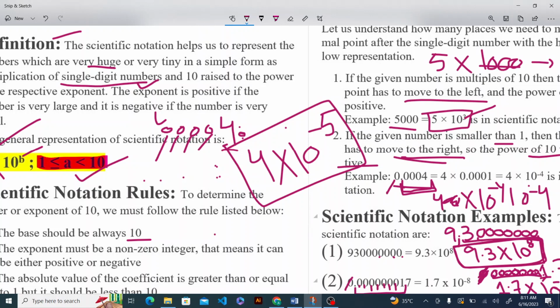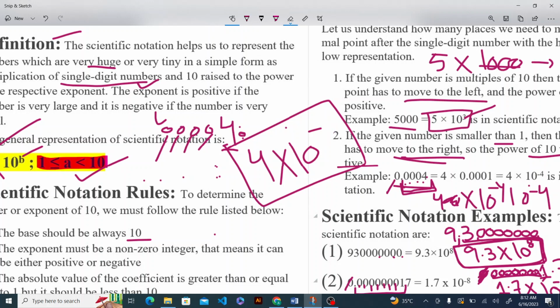So obviously the range from the position where we started to the position where we moved to will be counted. So 1 2 3, 3 zeros and this 4, 1 2 3 4, 4 digits are there before the decimal point which we have shifted here. So this will be 4 multiplied by 10 raised to power minus 4.